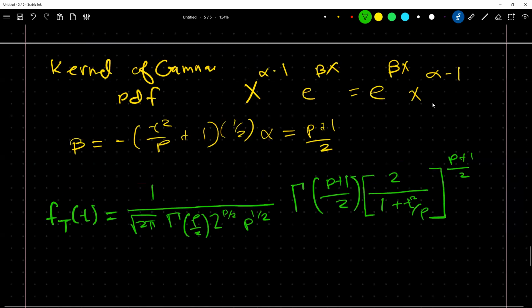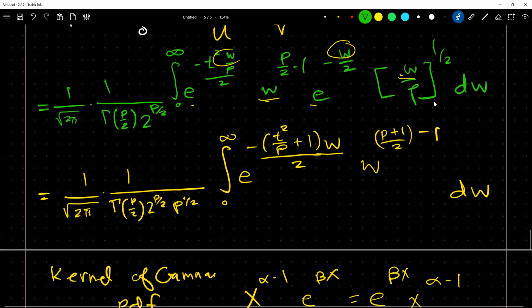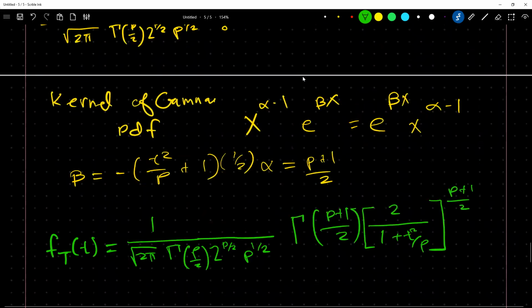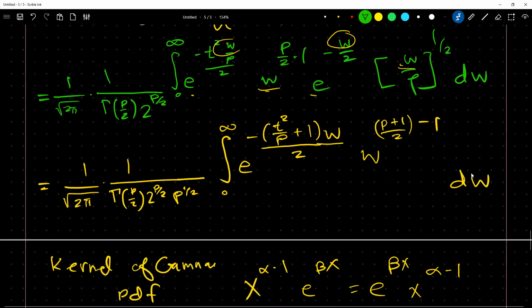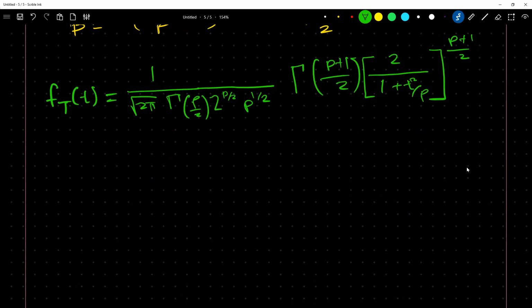Okay, and you can play around with the algebra to convince yourself that that's exactly true, and how it ended up from here to here. Because I want to make it look a little more like what you might see on the Wikipedia page, I'll just say let p equal v. If you go look at the Wikipedia page after this, you'll see it looks the same, but a few things are slightly different, and that's just the result of algebraic simplification. So here it will look like this.